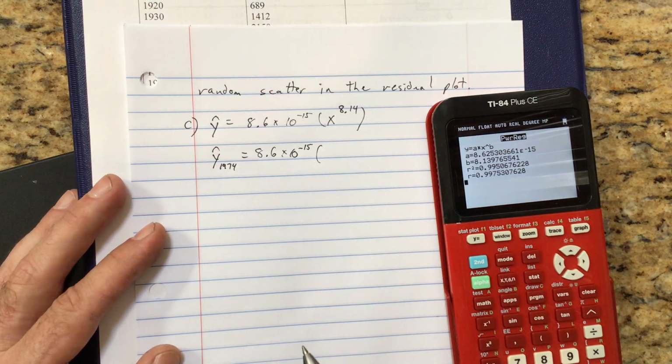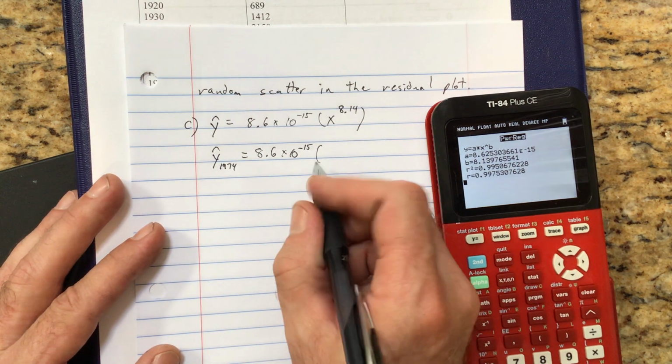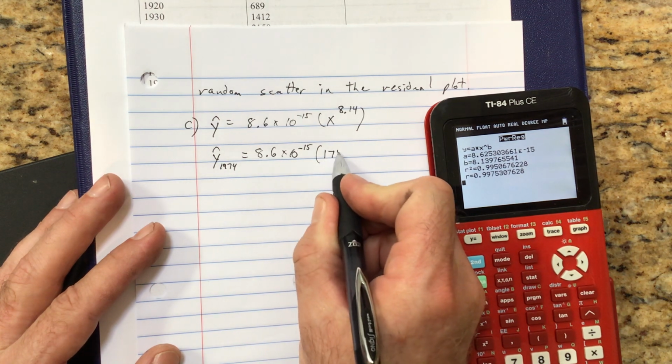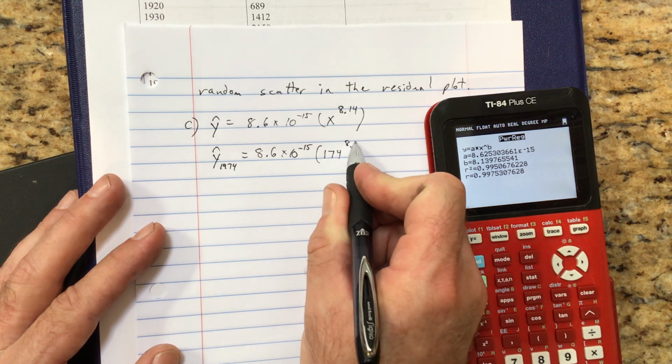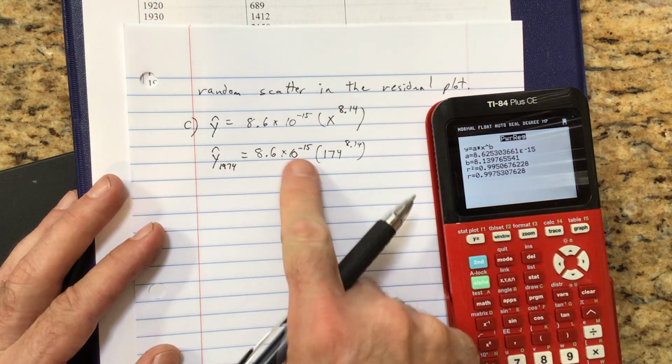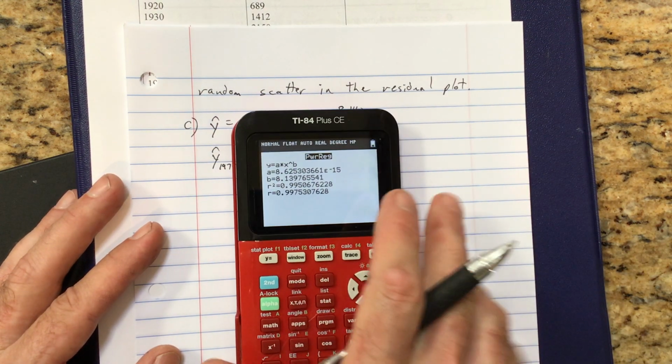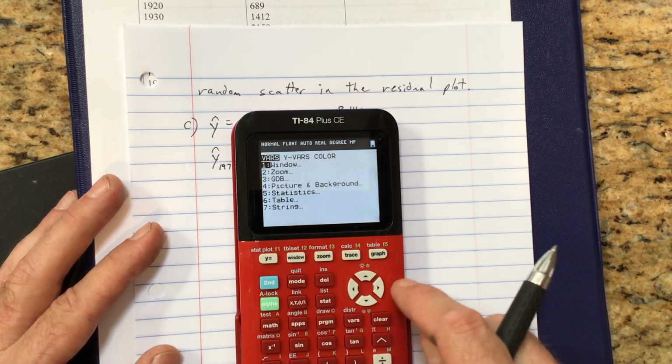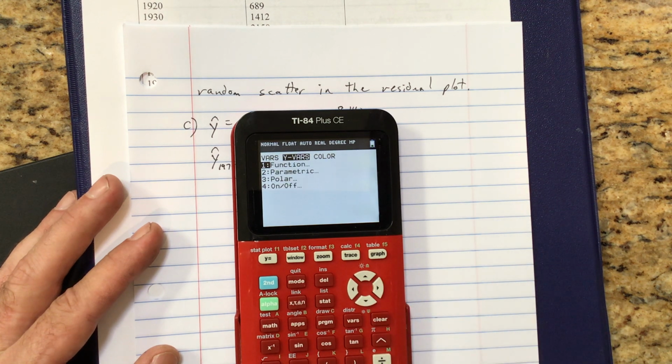Ooh, careful, don't put in 1974, right? It's years after 1800, so that's 174 years after 1800. And again, that's the work, but I'm actually going to be using the equation that I just stored, so that way I don't have any round off error.